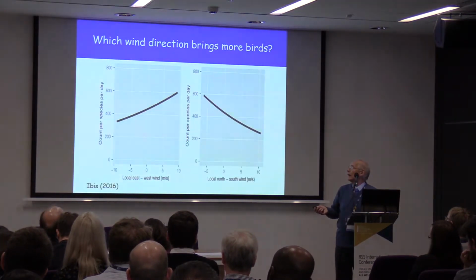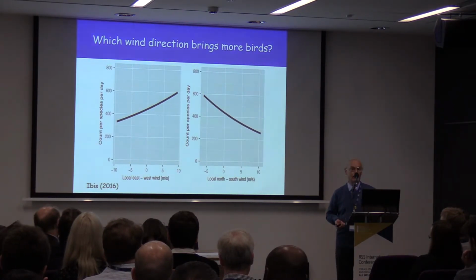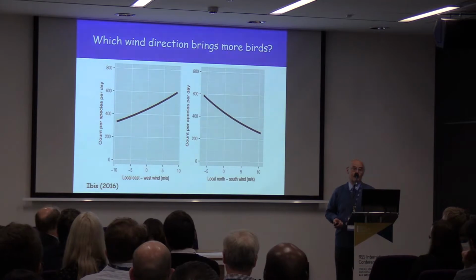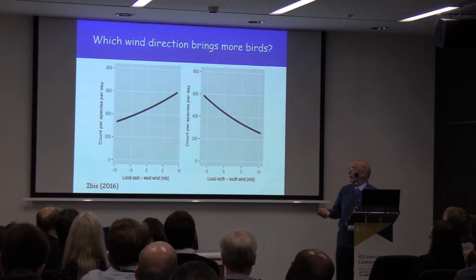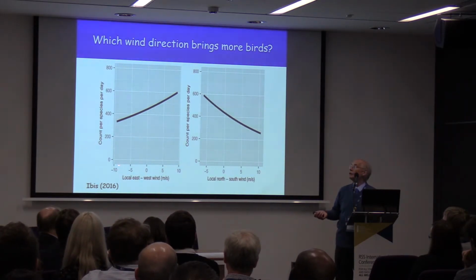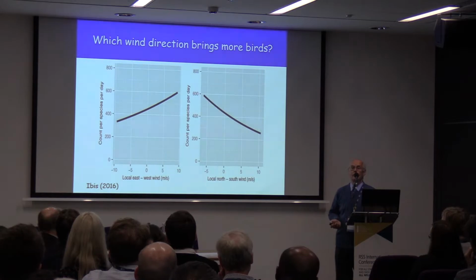And here's another graph from a peer-reviewed paper, so it's been scientifically certified. And this is the marginal distribution of modeled numbers against the wind direction on an east-west axis.